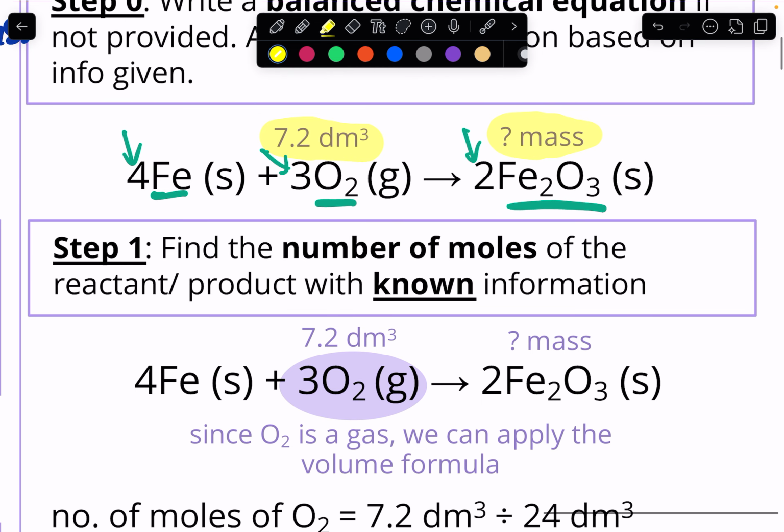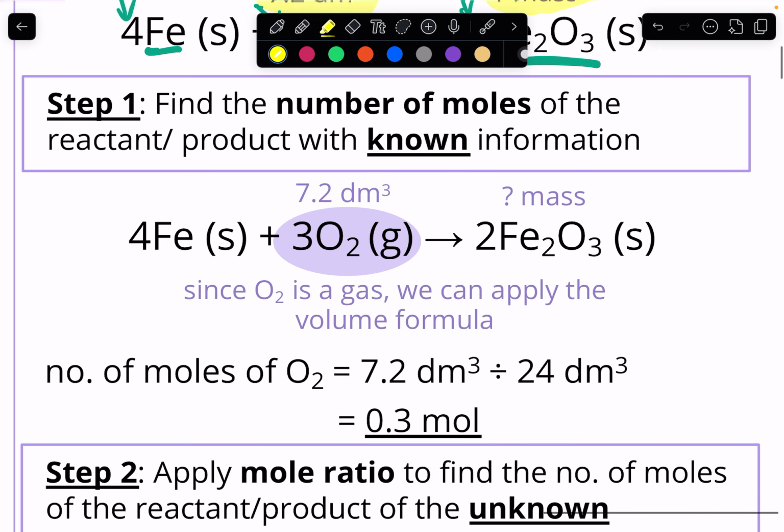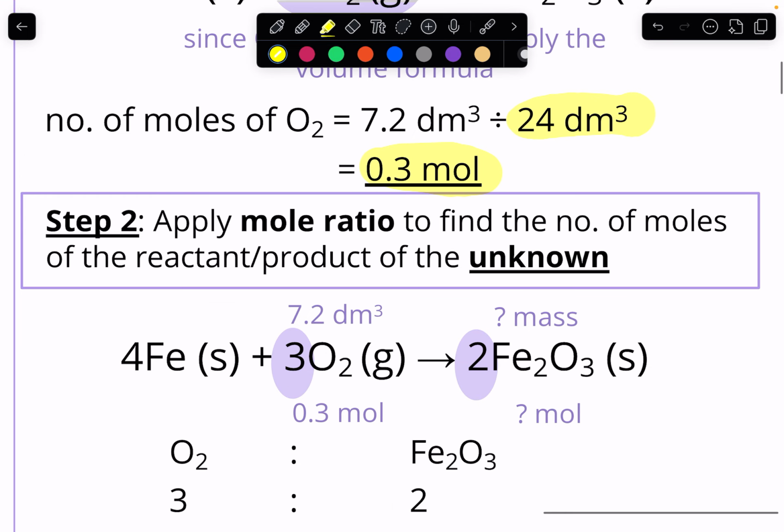So step 1, we find the number of moles of what's known. It gave me the volume of a gas, so I can find the number of moles by applying the volume formula: divide by 24 dm cube, and I end up with the number of moles. Now that I have the number of moles, I apply mole ratio to find the number of moles of the unknown that I'm interested to find out.